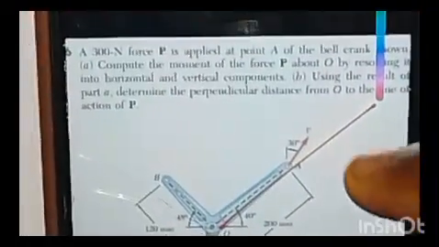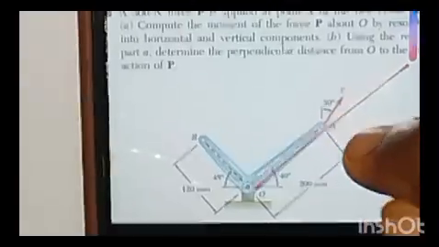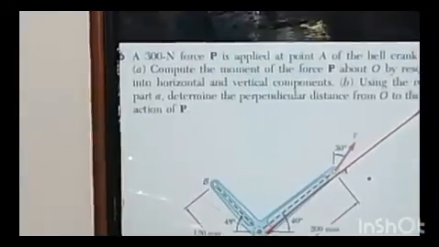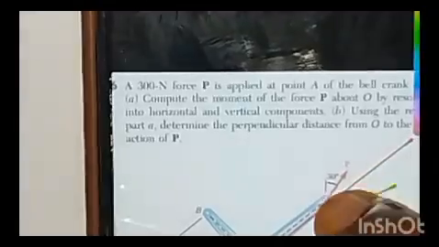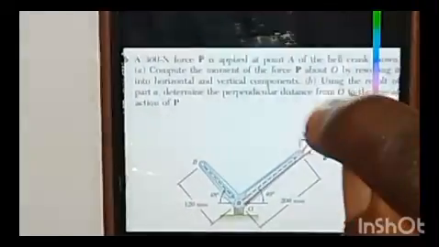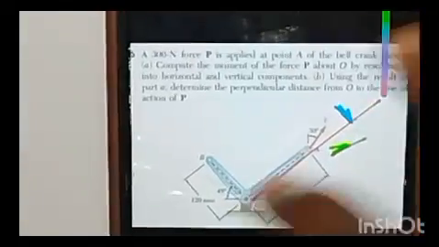So that means it will have both your x and y components. As you can see, this green line will be your Px, and don't forget this one is parallel to line OA. This other one will be your perpendicular, and as you can see, the force here is perpendicular to this particular line.